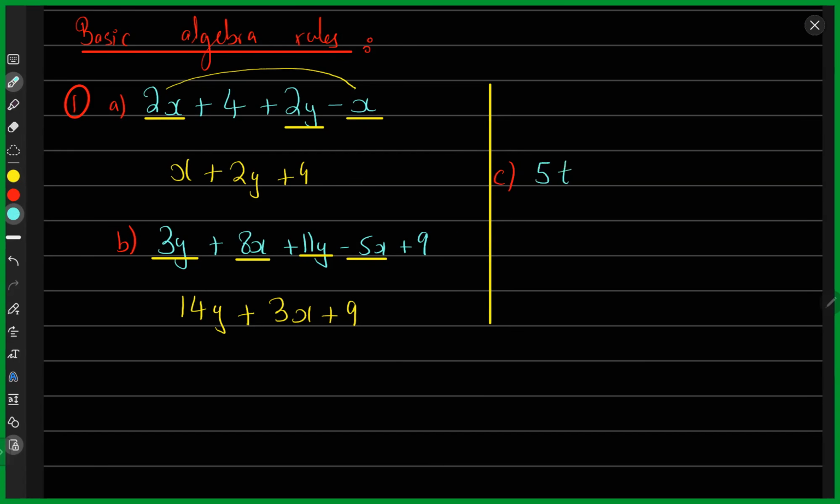Now the variable could be any variable, a, b, c, up to x, y, z. So let's say if you have 5t plus t squared plus 2t minus 2t squared. Can you guys just simplify this?